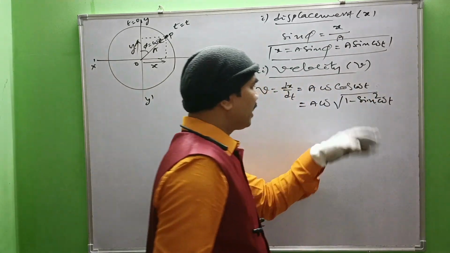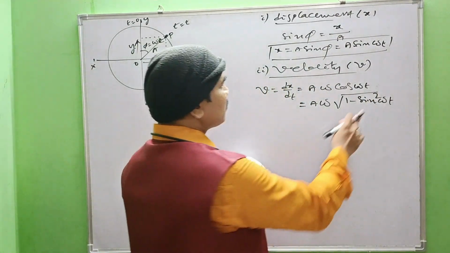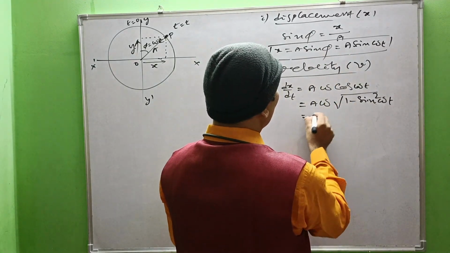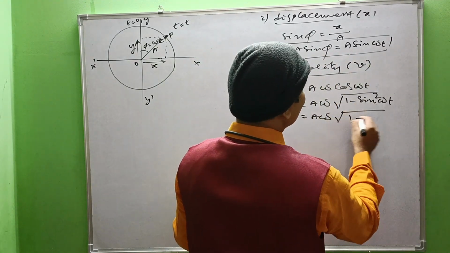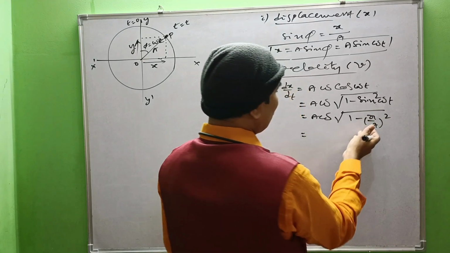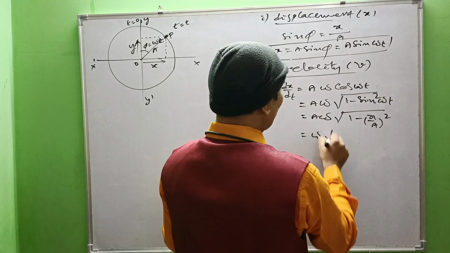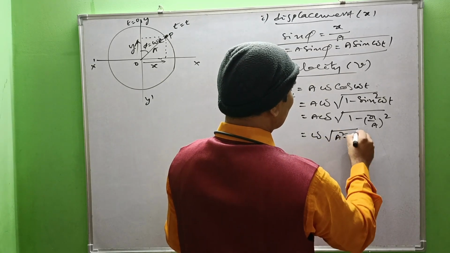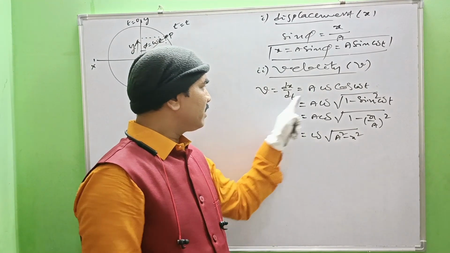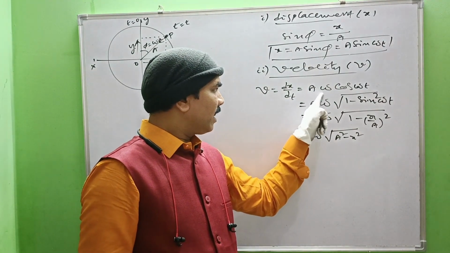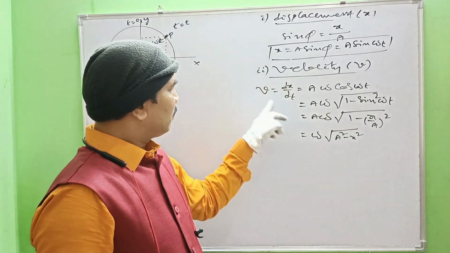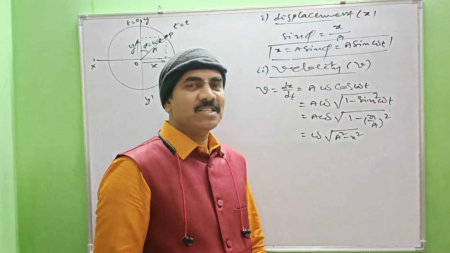Already we did this derivation. So sin omega t here is x by a, that is, x by a whole square. So a omega root over 1 minus x by a whole square, and on simplification we will get omega into root over a square minus x square also. So here we have two expressions for velocity. One is a omega cos omega t, another one is omega into root over a square minus x square.